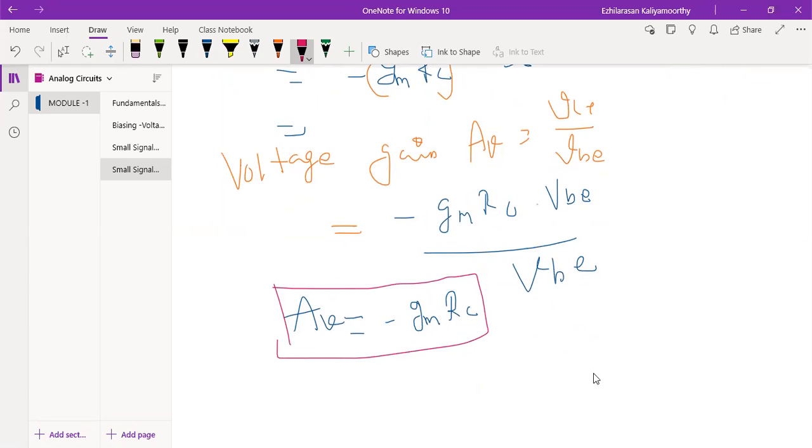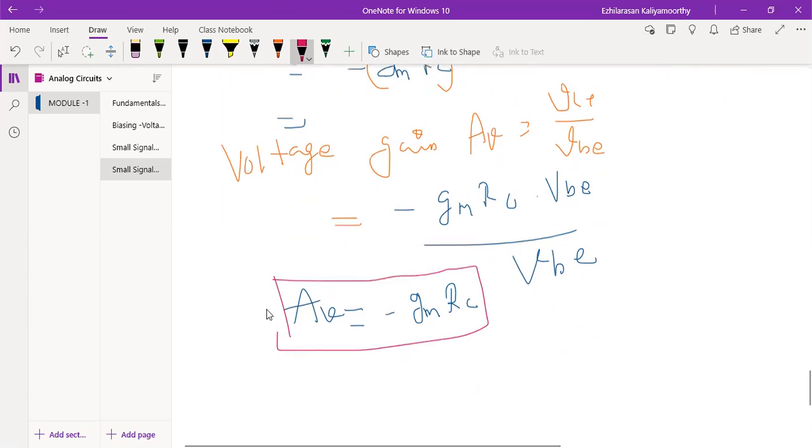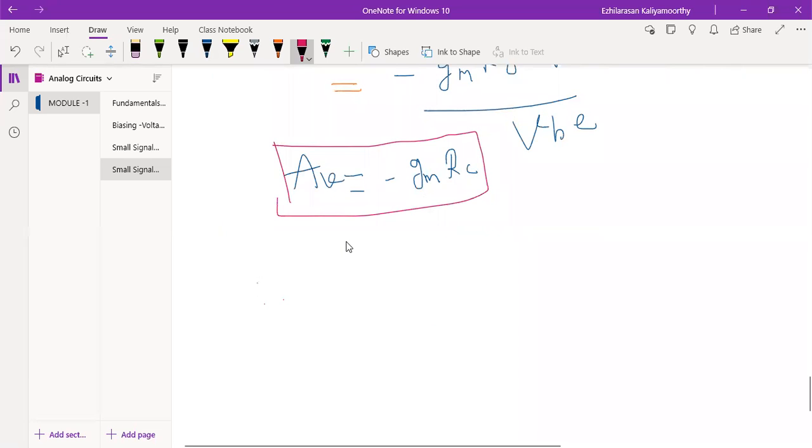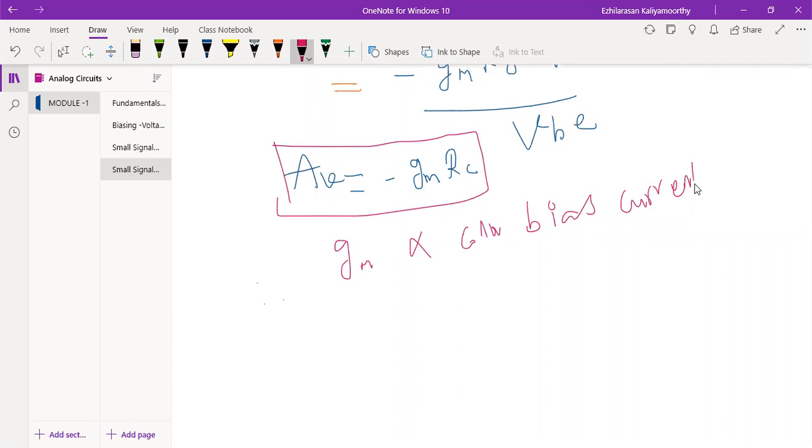That is a product of. Now from this I can say that the transconductance gm is directly proportional to the collector bias current. Now substitute the gm value.